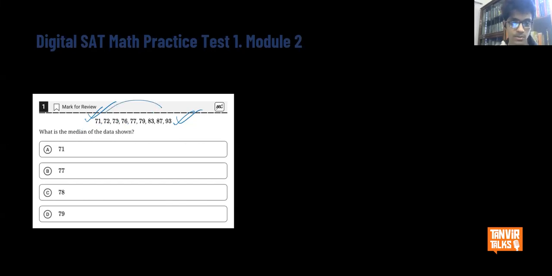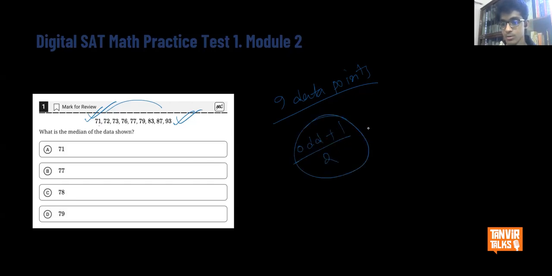So 71, 72, 73. How many data points are there? 1, 2, 3, 4, 5, 6, 7, 8, 9. There are 9 data points. What do you know about how to find the median when there is an odd number of data points? You add 1 to the number of data points and divide by 2.